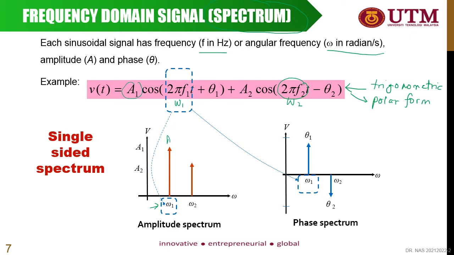At omega 2, the amplitude is A2. Same goes to the phase spectrum. When you have omega 1, the phase is theta 1. When the frequency is omega 2, the phase is negative theta 2. So that's why the signal is pointing down.